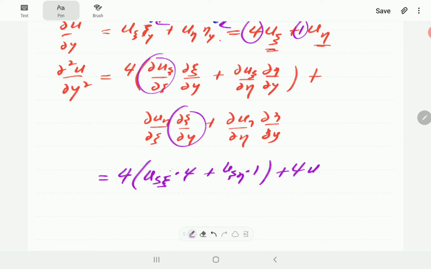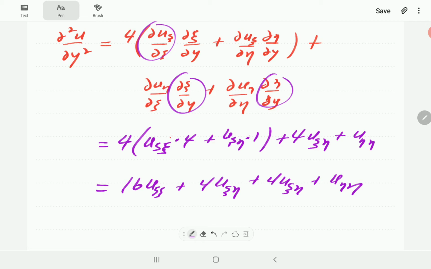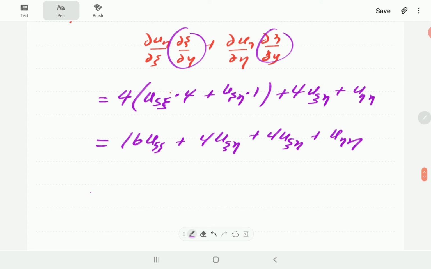This is u_xi_eta. This is 1 u_eta. Right. So this is going to be 16 u_xi_xi plus 4u_xi_eta plus 4u_xi_eta plus u_eta_eta. So when we collect terms, it is going to be 16u_xi_xi plus 8u_xi_eta plus u_eta_eta.